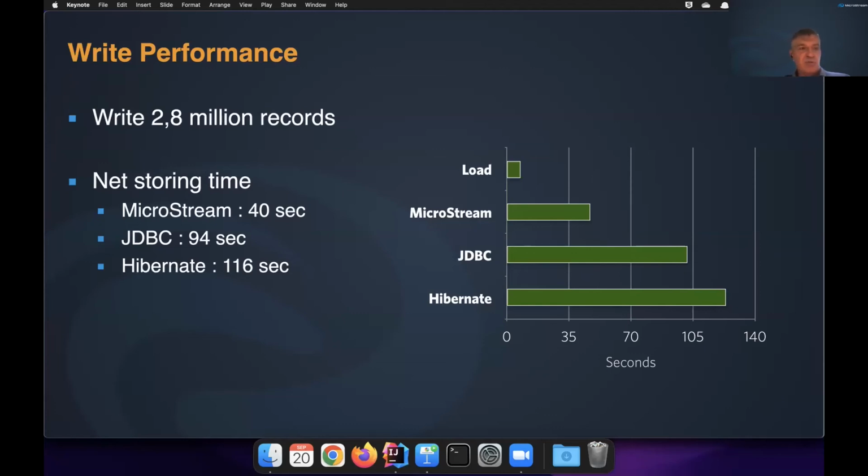So every time you insert records, the database needs to check that it's unique. That's also happening within MicroStream, and you can create a hash table or a set to make it unique. So you can have that same kind of functionality, but Java will still be faster because you don't have that latency. So MicroStream will be faster.